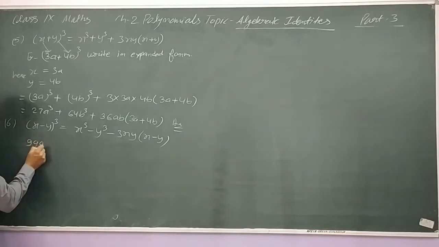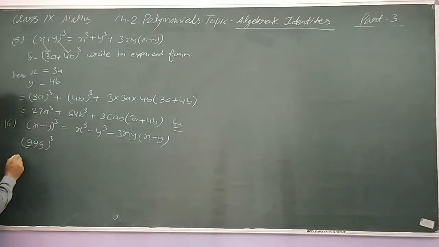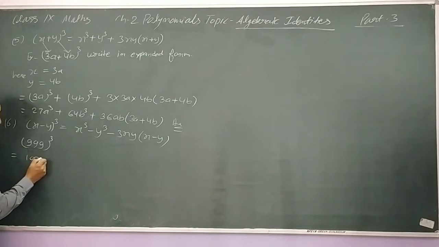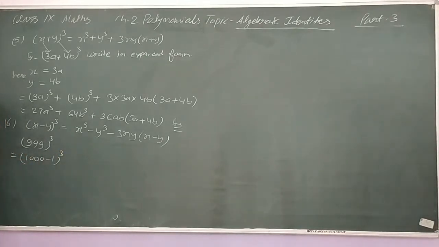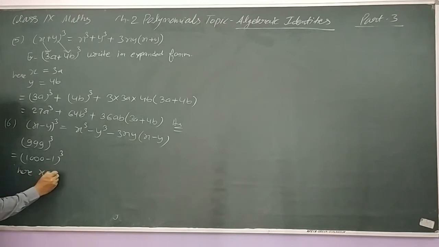Suppose we want to find 999 whole cube. So what do we write? We write (1000 − 1)³. When you compare with this identity, here x is equal to 1000 and y is equal to 1.